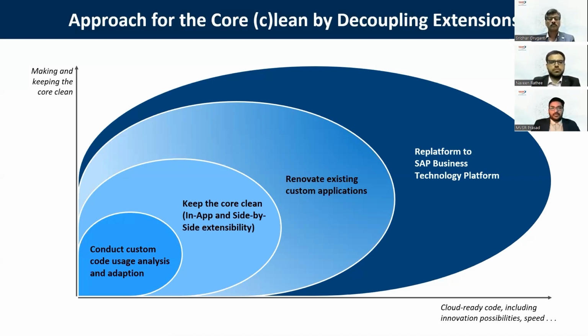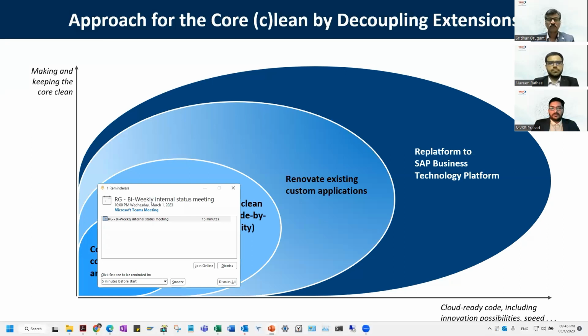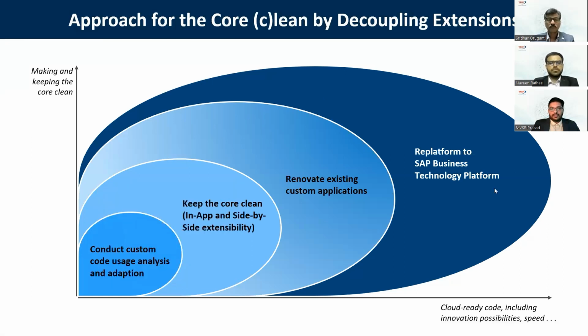There are multiple factors we can consider, and multiple strategies in terms of applying the methodology for the clean core. But here we would like to provide the SAP standard way of representing the approach for the clean core.